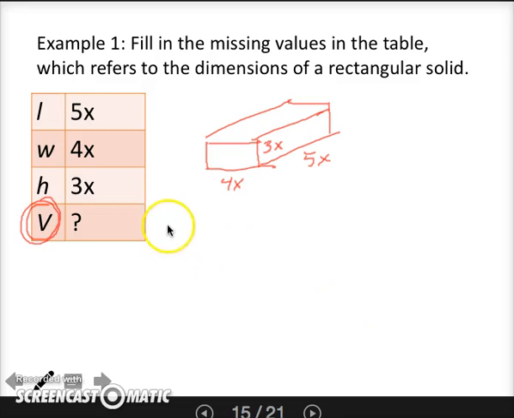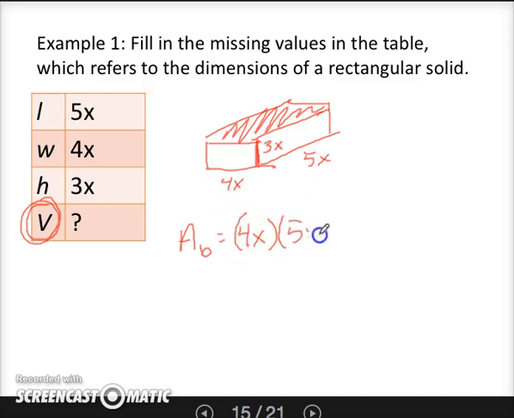But in this case, since the problem is telling us which measurement we're to treat as the height, we'll just go with that. And we'll write our formula using the measure of the top and the bottom faces as the bases, and then this measure as the height here. So the area of the base then would be 4x times 5x, because we have length times width for a rectangle, and then the height would be 3x.